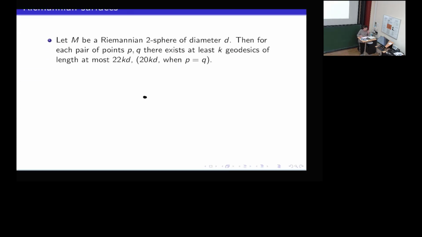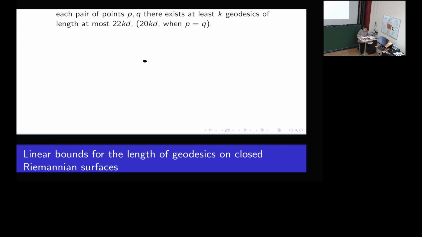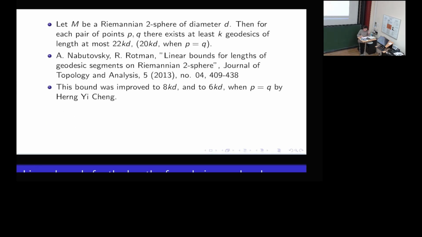So on a two-dimensional sphere, we can actually get a linear bound. We got 22kd originally, but then Serre improved it significantly to 8kd, and it is 6kd when we're talking about loops.